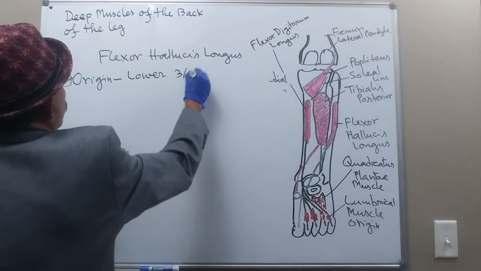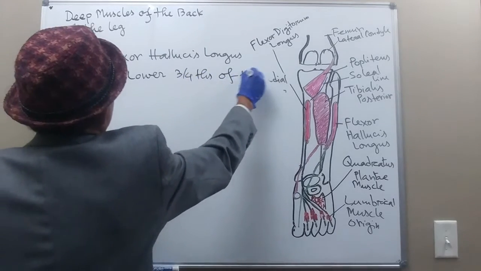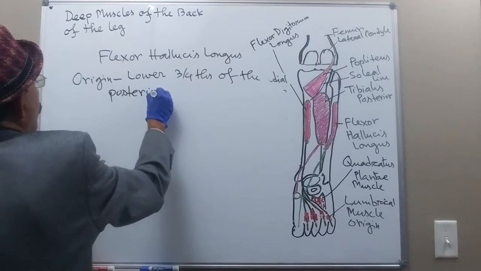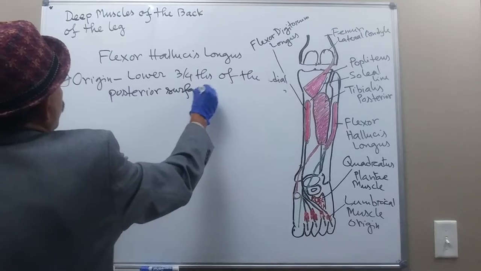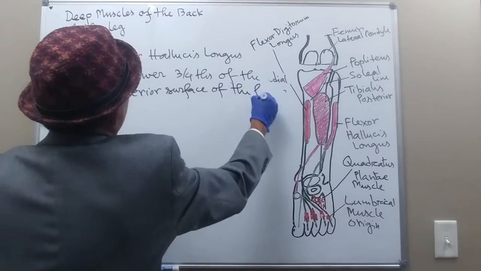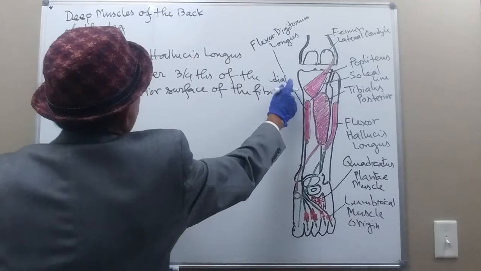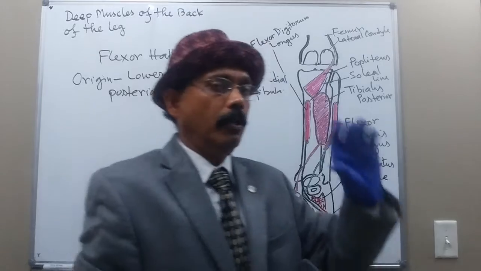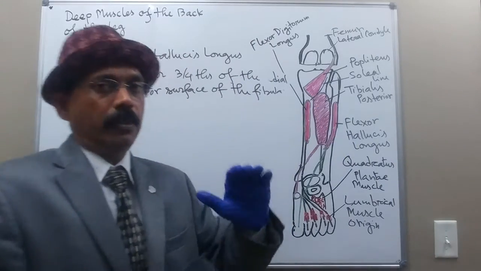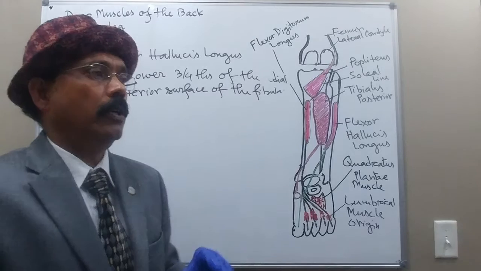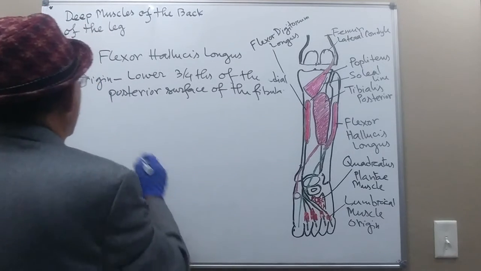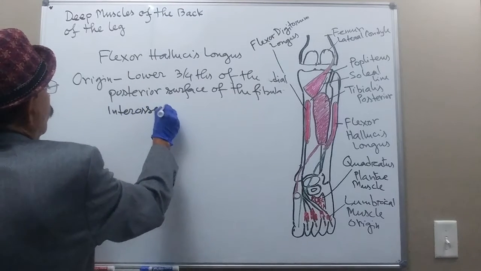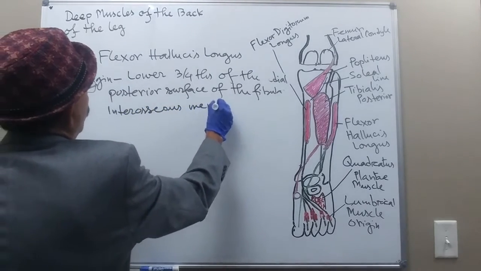Posterior 1/3 of the fibula, except the lower 2.5 centimeters, not exactly at the lowest part of the fibula, and also partly from the interosseous membrane.